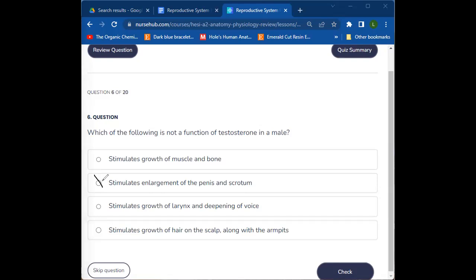Mm-mm, it actually does do this. D. Yes, the thing is that it does stimulate growth of hair on the armpits, but not hair on the scalp like your head. It doesn't have anything to do with that.